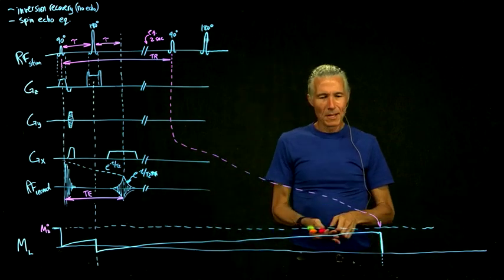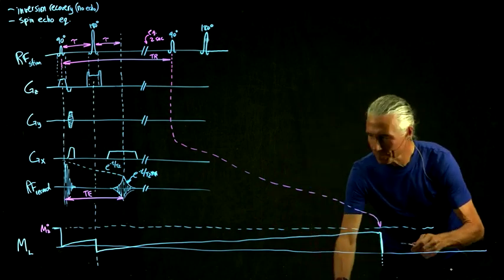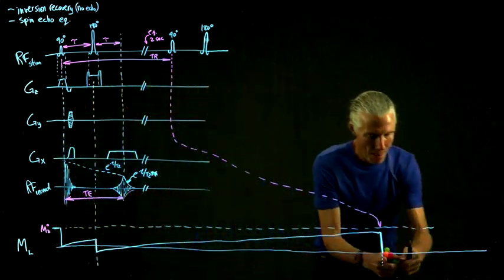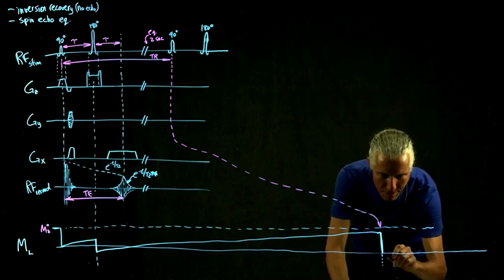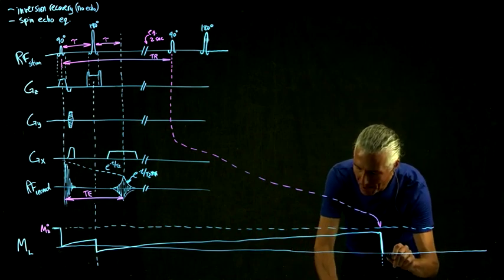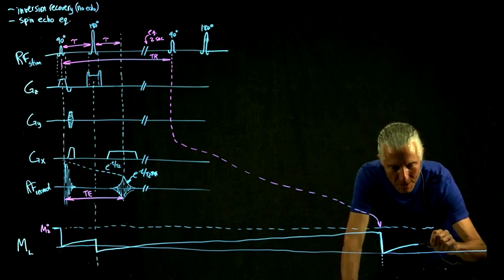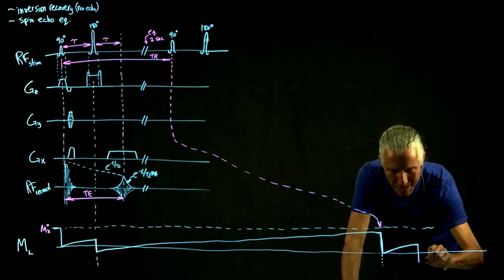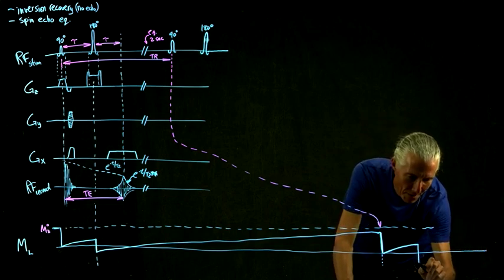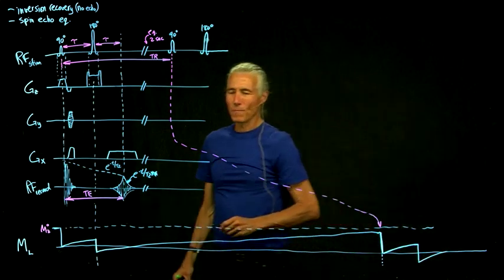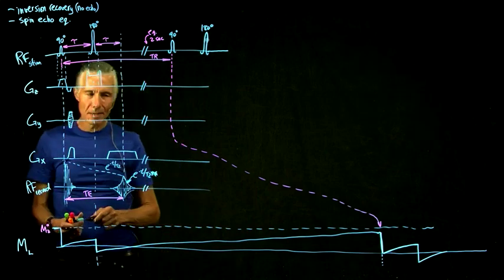And then we do another amount of recovery here. So we get a little recovery. And then we do a 180. And then we come through, and right when we go through 0 is when our echo is.